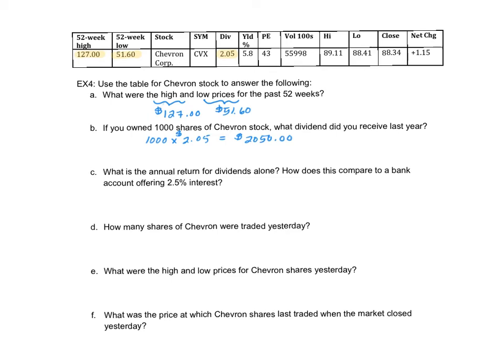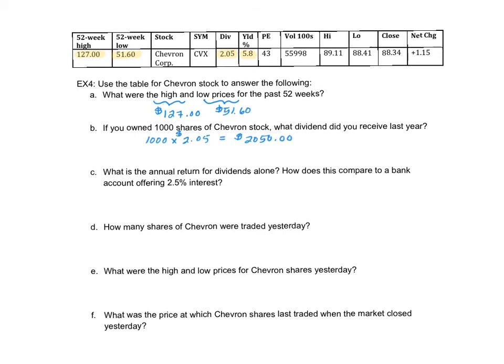So what is the annual return for dividends alone? How does this compare to a bank account offering 2.5% interest? The annual return for dividends is your yield, which is 5.8. Now that's a percent.